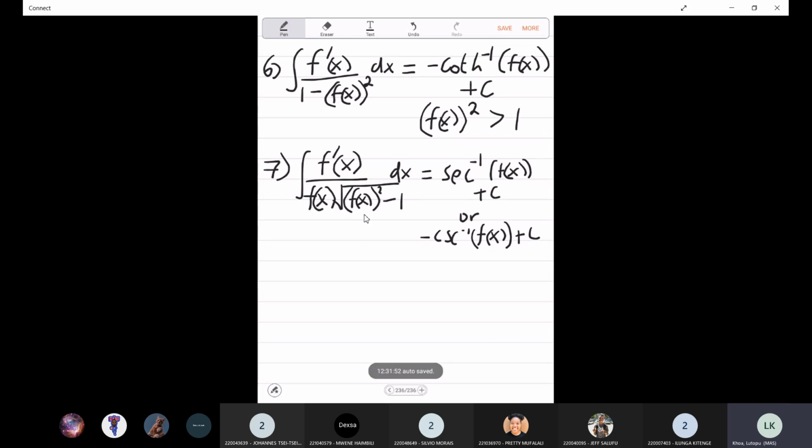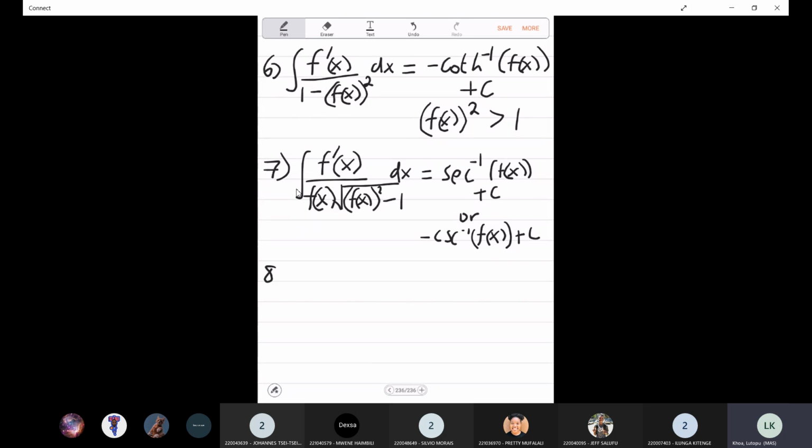Okay, because the only difference between the derivative of sec inverse and cosec inverse is the minus, otherwise they look the same. And we know that if the difference between two things that you're integrating is a constant, you can always change it and get a different integral.